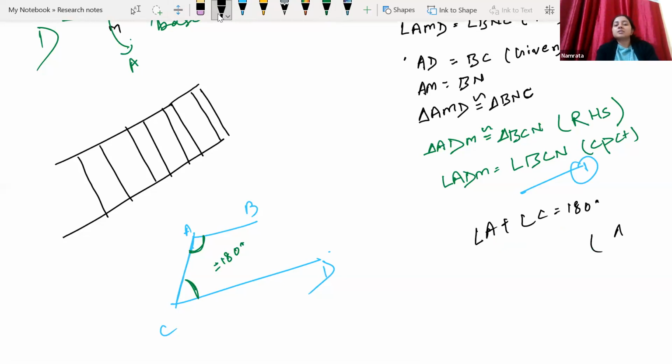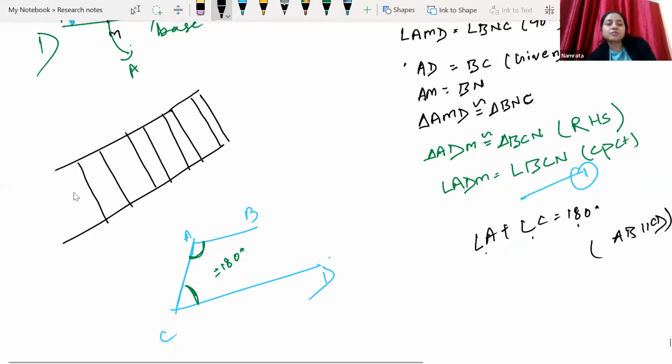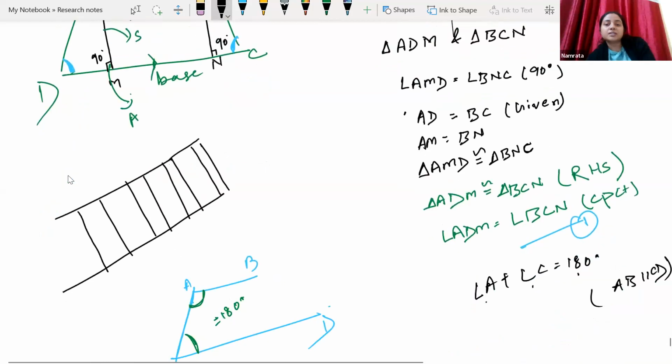Why? Because AB is parallel to CD and it's a co-interior angle. So if A plus C is 180, what did we previously get? Angle D and C are the same.